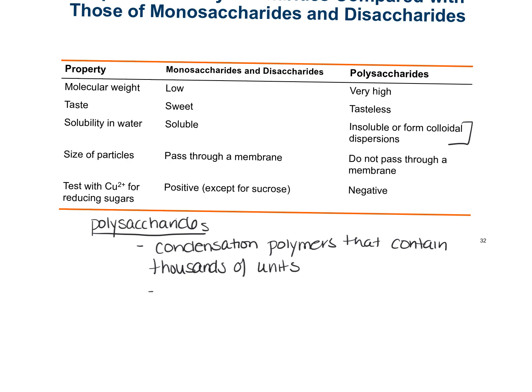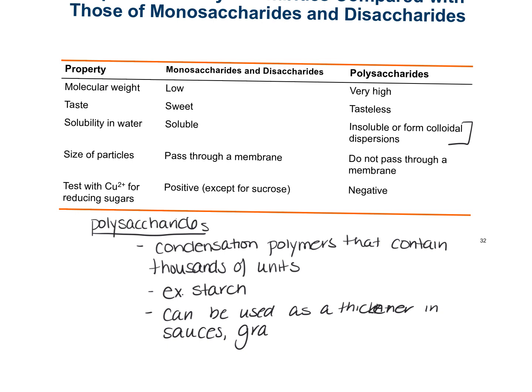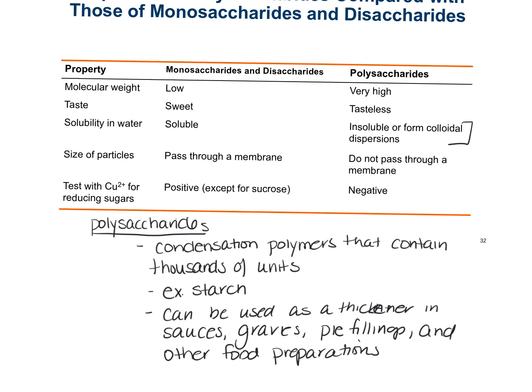A really good example is starch. Because of these properties, it can be used as a thickener in sauces, gravies, pie fillings, and other food preparations because it's sort of tasteless and so it doesn't affect the taste.